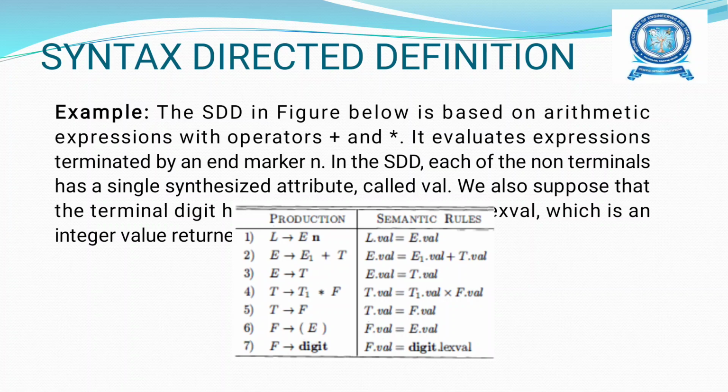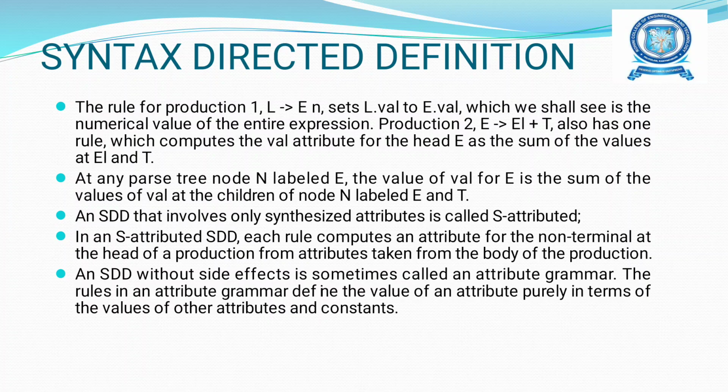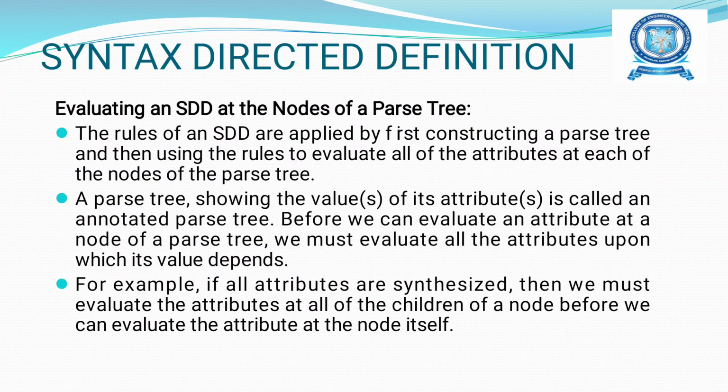So F implies digit means the digit value available from the symbol table is stored into F dot val. That is the corresponding attribute description. So here the SDD involves only synthesized attributes, so it is also called an S-attributed SDD.